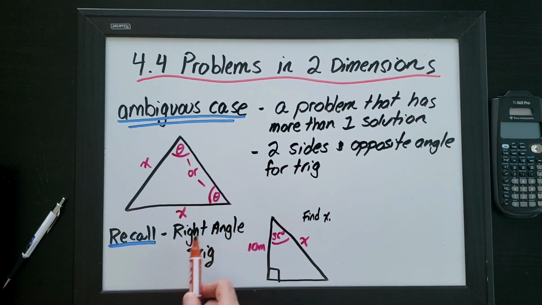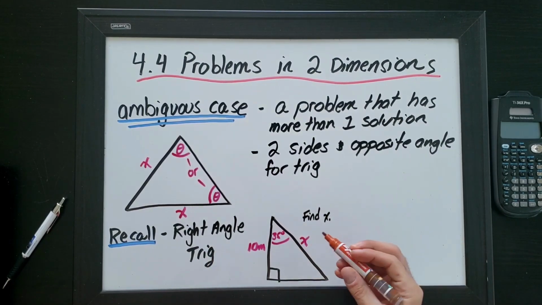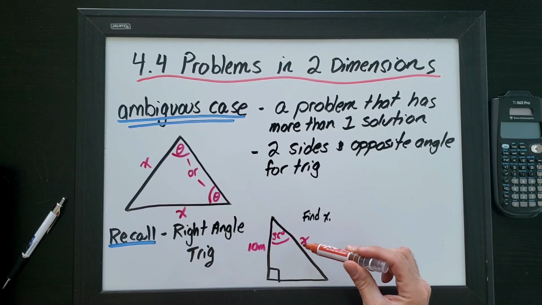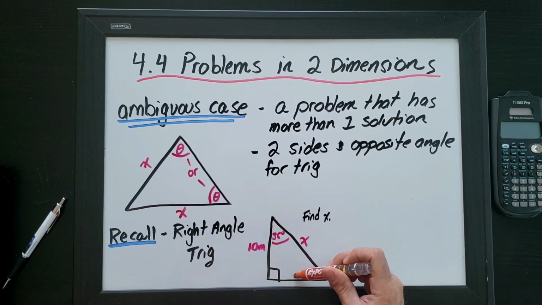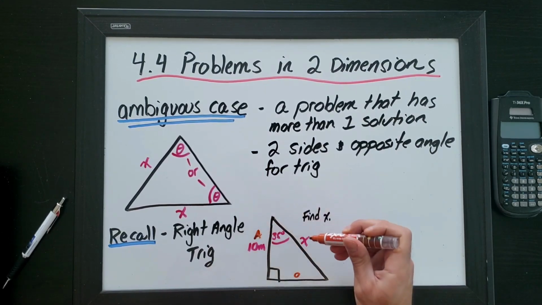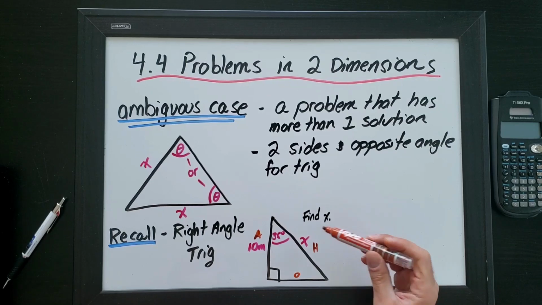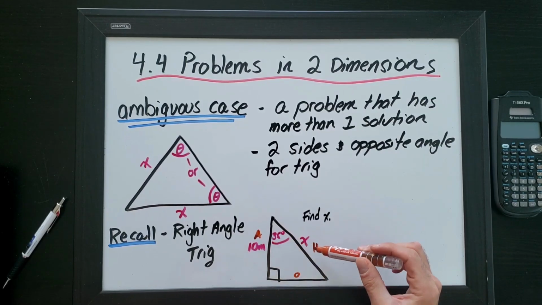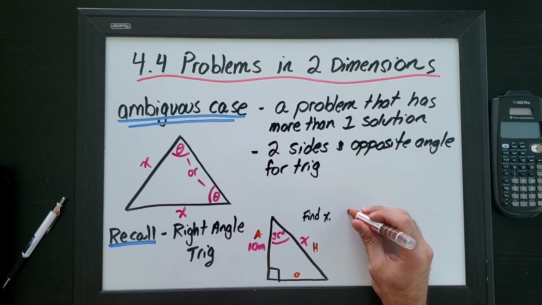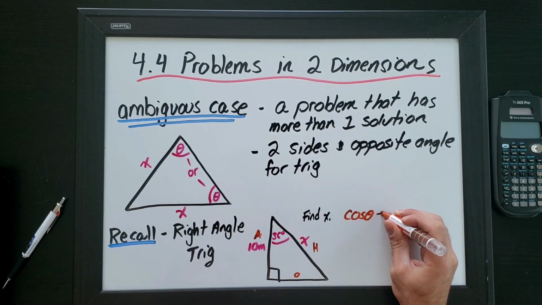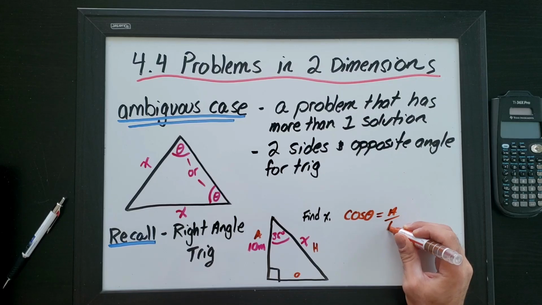SOHCAHTOA reminder, when you have a right angle triangle, so some right angle trig, this is from grade 10 as well. If you want to find this x value, okay, we're going to look at the labels of the sides relative to the angle. So this side is the opposite, this side is the adjacent, this side is the hypotenuse. I have the adjacent, I'm looking for the hypotenuse, so I have to use cos because CAH. Cos theta equals a over h.